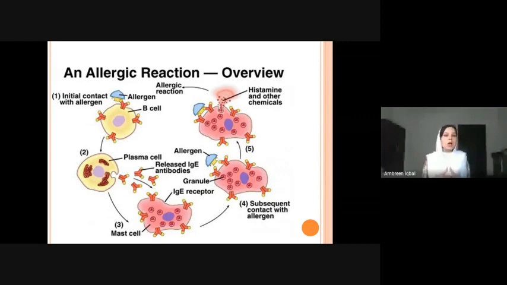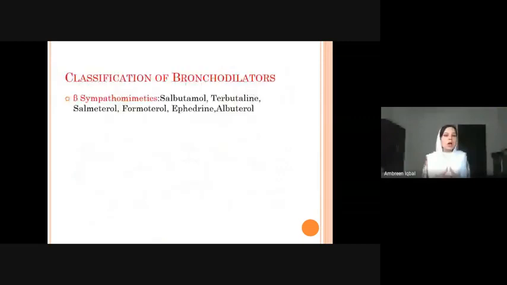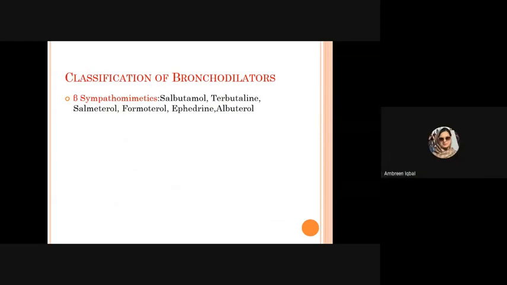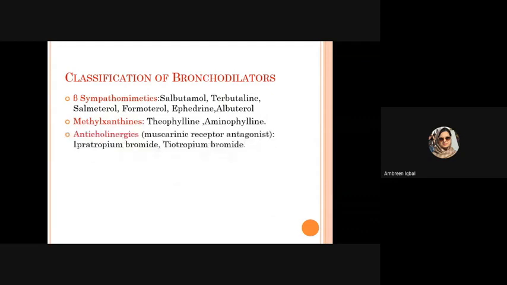Now I will discuss the drugs used in bronchial asthma. The possible drugs that are used for bronchial asthma are beta sympathomimetics, methylxanthines, and anticholinergics. Basically, the ones we preferably use in this classification are beta agonists or beta sympathomimetics. These beta agonists act on beta 2 receptors on the smooth muscles of the lungs.